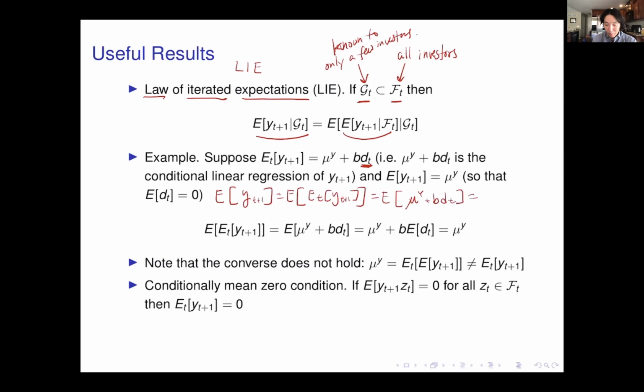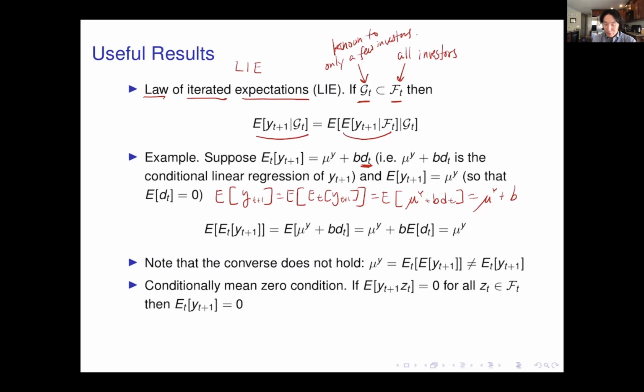Now mu to the yth power is a constant, so it will just come out. B is also constant, it will come out. And then the expectation of B_t. Note that the converse doesn't hold. The converse meaning that the unconditional expectation of the conditional expectation is not the same as the conditional expectation.